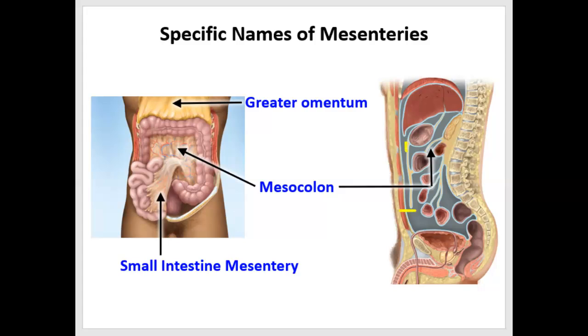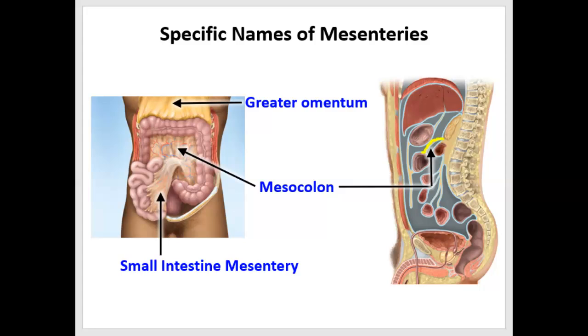So it's come down inferiorly and then it turns around and starts moving superiorly, where it reaches the transverse colon, part of the large intestine, and anchors that large intestine to the dorsal body wall. So that's a dorsal mesentery called the mesocolon.